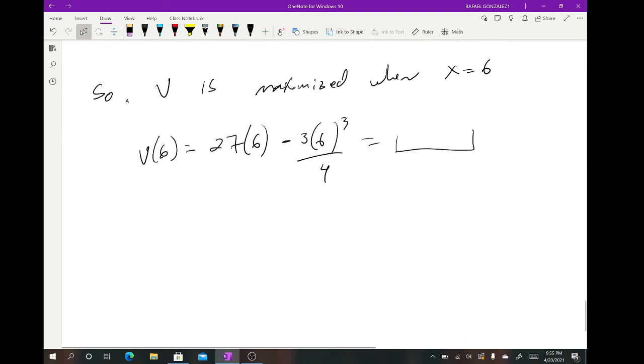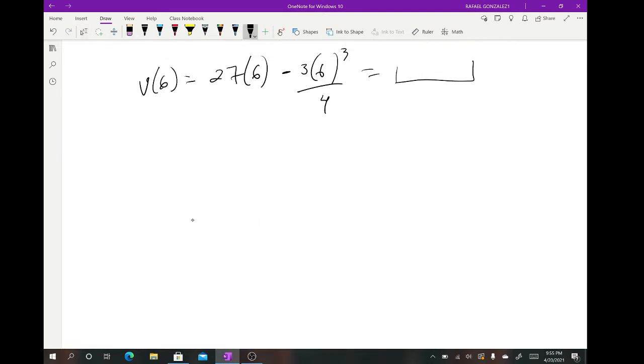Let's go back to our box problem. So we had x squared minus 4xh equals 108. This is from our surface area equation.